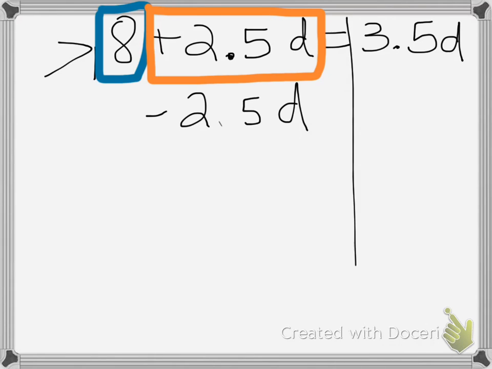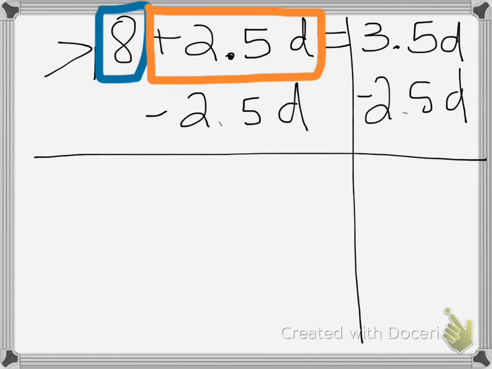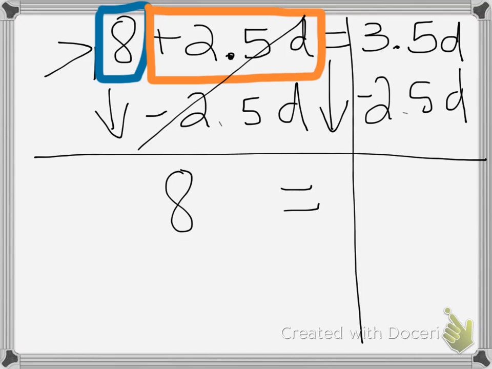And remember, what I do to one side I must do to the other, so I'm going to subtract 2.5d from the right side. Draw my line, see where I am with everything. So on the left side of the equation, I'm left with a plus 8. This 0 pairs out, goes away, an equal sign, and then 3.5d minus 2.5d simply leaves me with 1d.